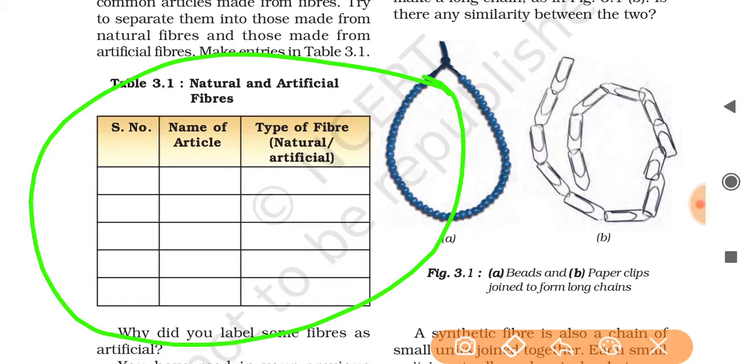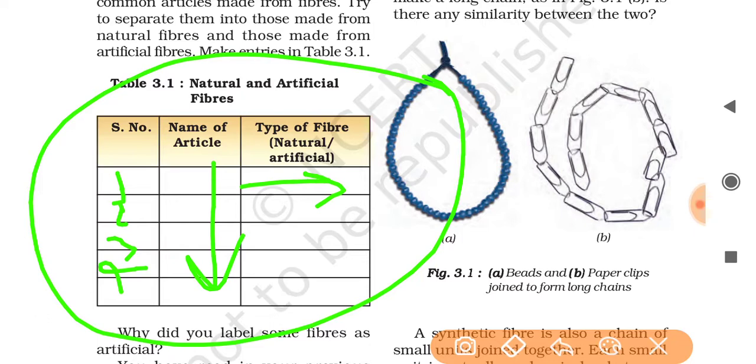First write the serial number like 1, 2, 3, 4, and then name the article. Suppose you write a rope, then write whether it is natural or synthetic or artificial.